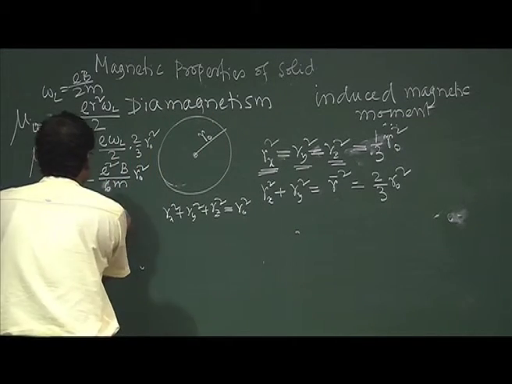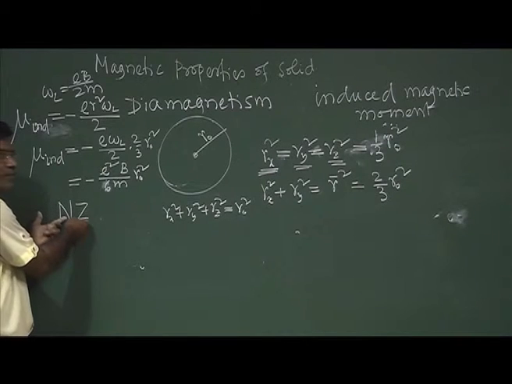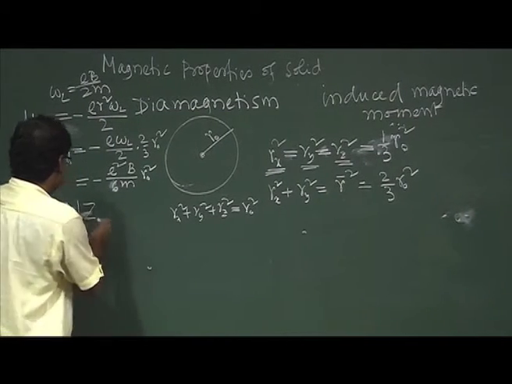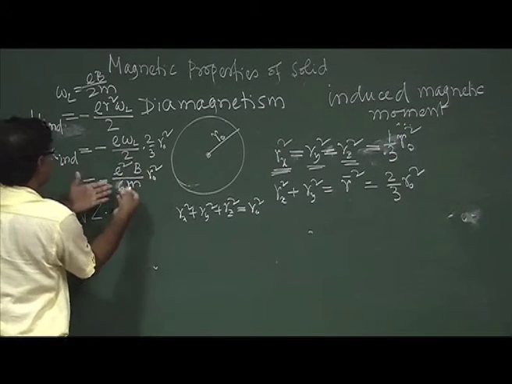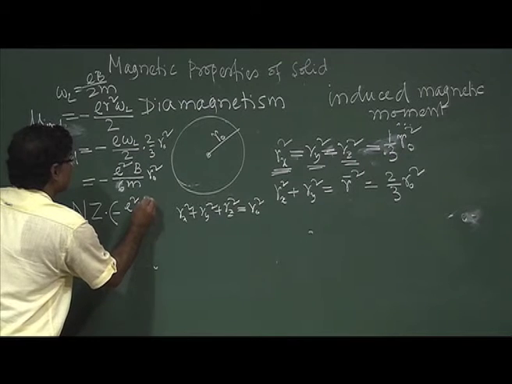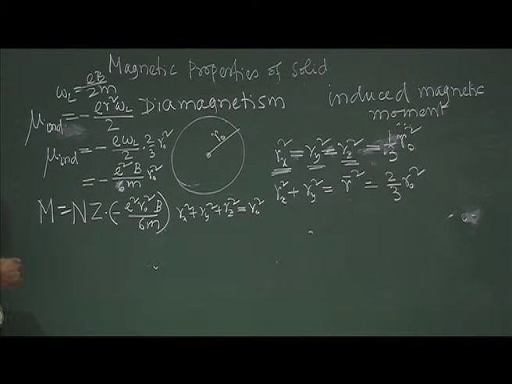If I have N atoms per unit volume of diamagnetic material, and each atom has Z electrons, I will get the magnetic moment per unit volume, that is M. For each electron I put minus e square R0 square B by 6m.